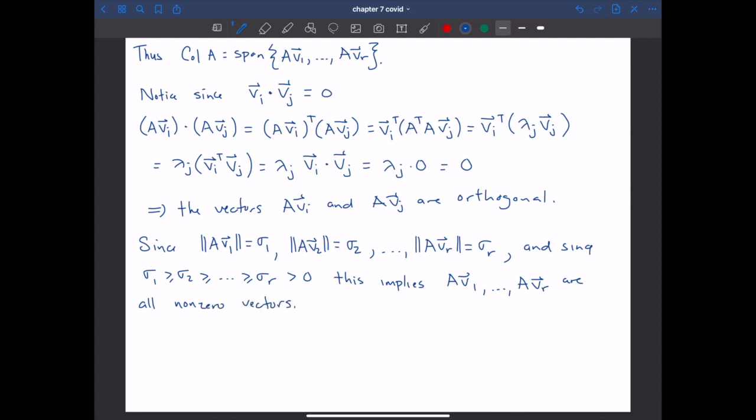Hence the set AV1 up to AVr is an orthogonal set of non-zero vectors and is linearly independent.